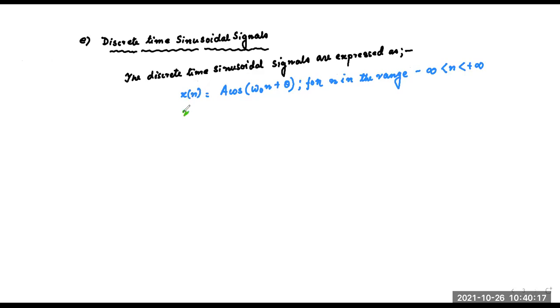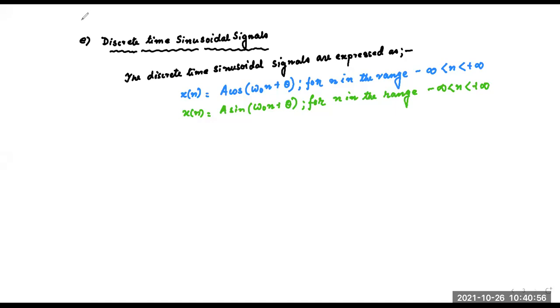And another, x of n equals to A sine of omega 0 n plus theta for n in the range minus infinity to plus infinity.